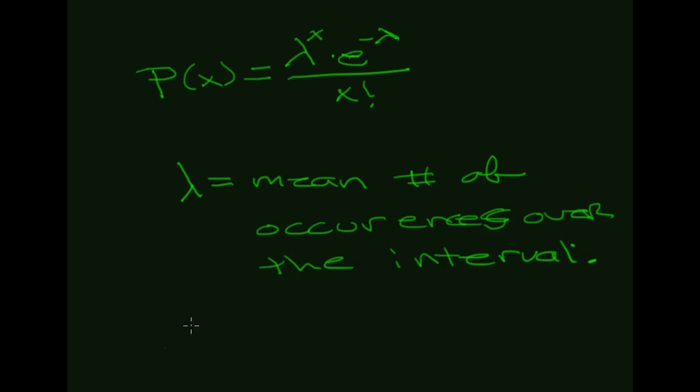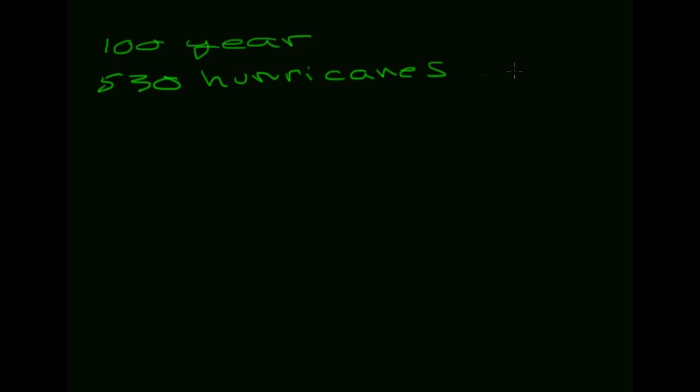Okay, so we have an example here. In our example, over the past 100 years, there have been 530 hurricanes in the Atlantic Ocean.